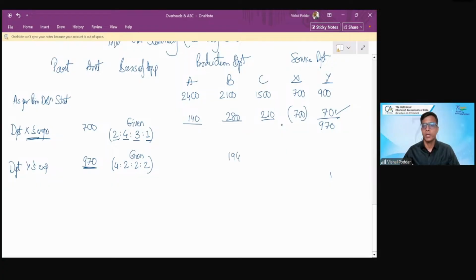Just cross confirm. I'm getting 194, 194, 194, 170. And here I'm getting 388. Please confirm.